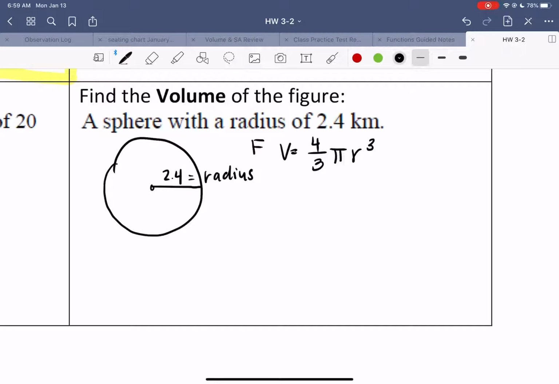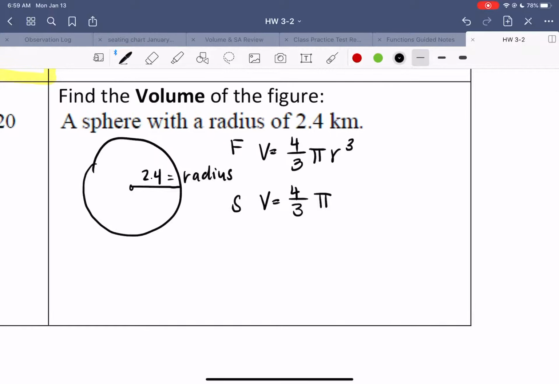We don't have to substitute any additional formulas. So we have volume equals 4/3 pi times our radius, which is, oh, sorry, 2.4, and then we're going to have to make sure we cube that. So from there, you should be able to find this in kilometers cubed.